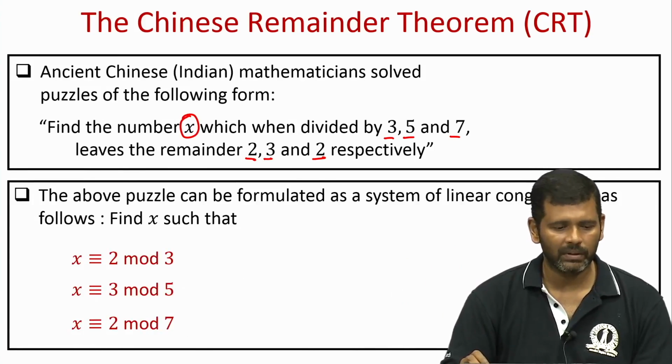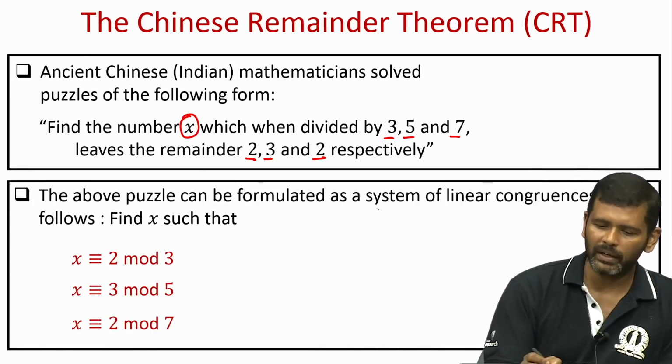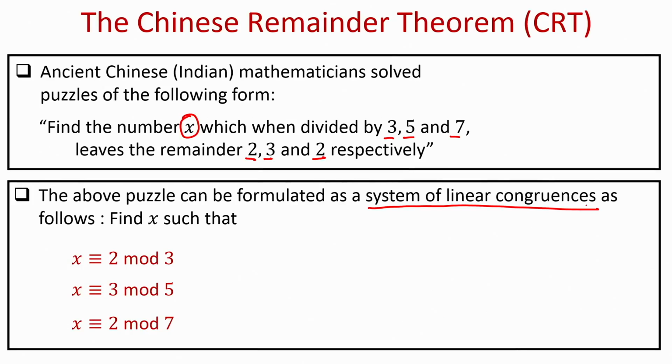The above instance of the puzzle can be formulated as a system of linear congruences: my goal is to find an unknown x satisfying that it is congruent to 2 modulo 3, congruent to 3 modulo 5, and congruent to 2 modulo 7. The special property of this problem instance is that you are given the value of x modulo various moduli, and those individual moduli are pairwise co-prime.